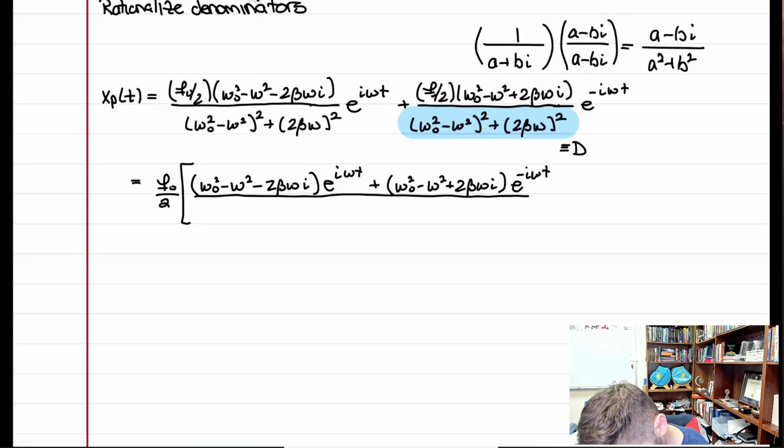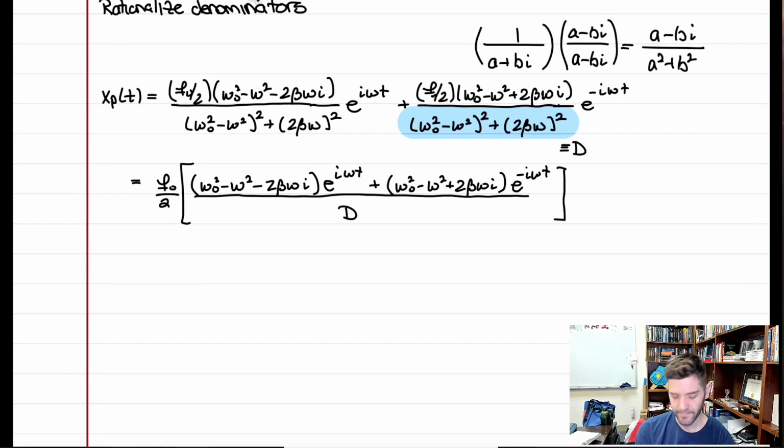This is all over D, because we have a common denominator. I factored out f0 over 2. We're getting closer. Notice there are some parts that have omega naught squared minus omega squared on the top, and some parts that have 2 beta omega times i on the top.